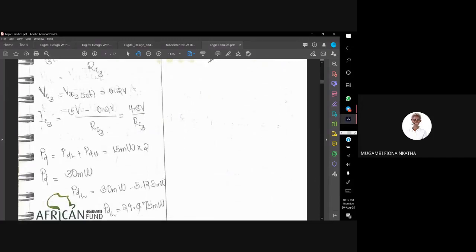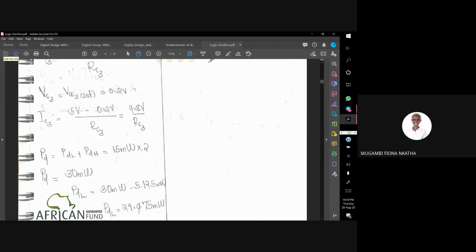PD is equal to PDL plus PDH, right? I was supposed to write that times a half. So now PDL plus PDH is equal to 15 milliwatts times 2. Please, I've written this equation wrongly, but it's 15 milliwatts times 2. I forgot to put the half sign there.